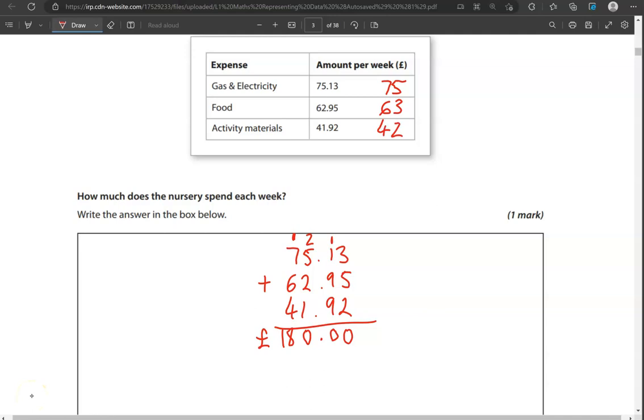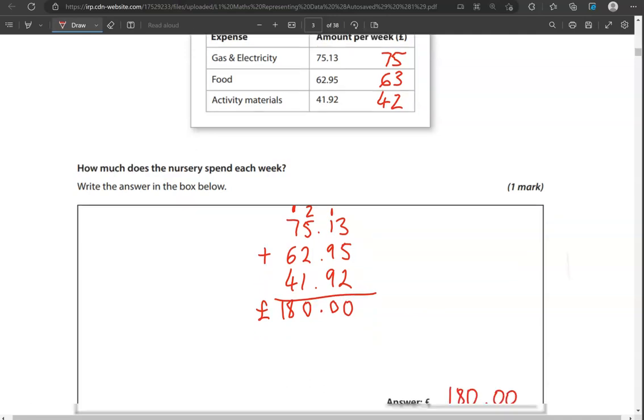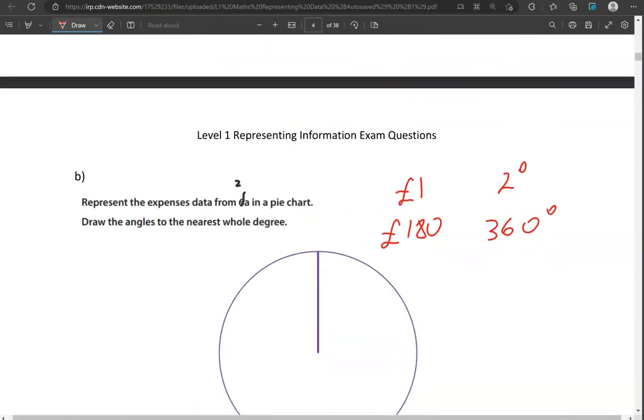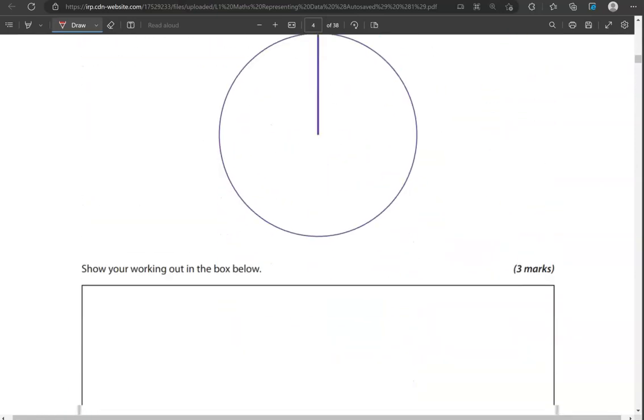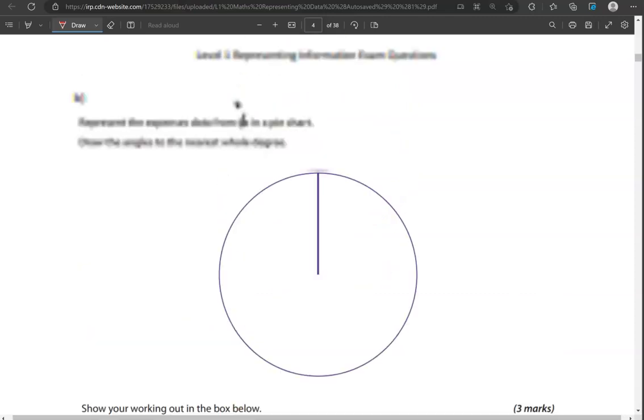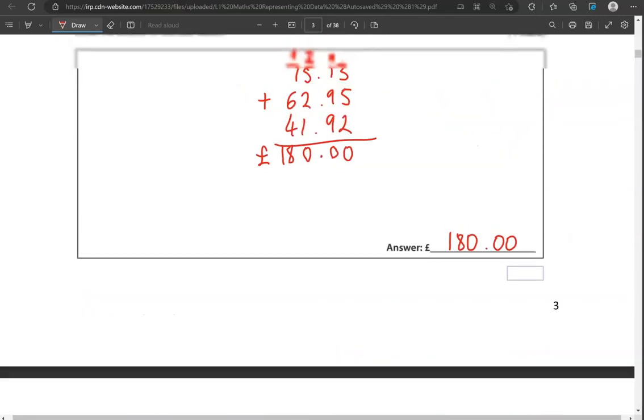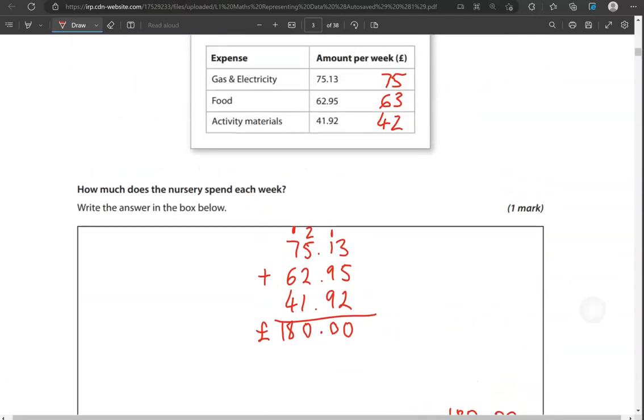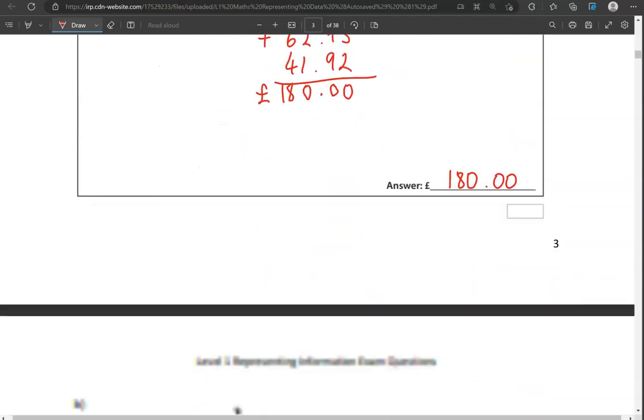And to work out the number of degrees that we're going to represent gas and electricity by in the pie chart, we're just going to double the 75. So 75 and 75, that gives us 150 degrees. For food, 63 and 63.